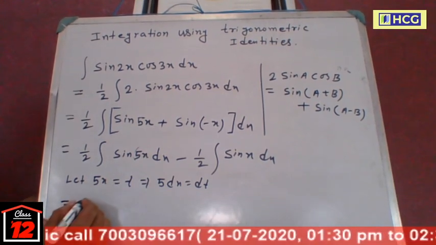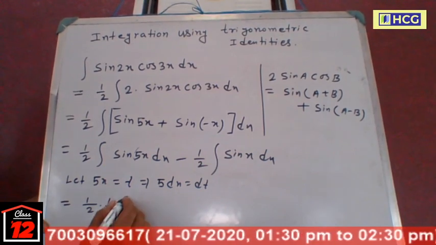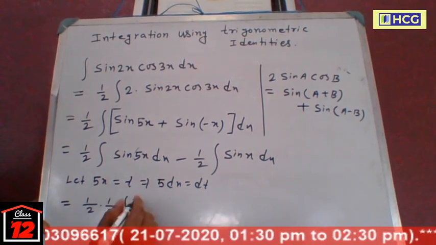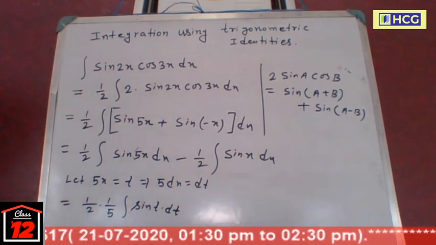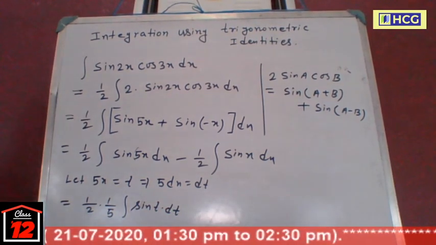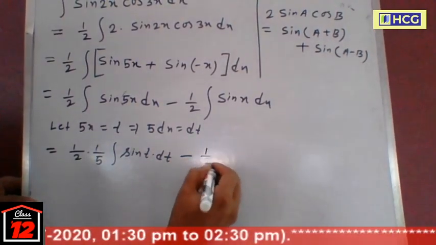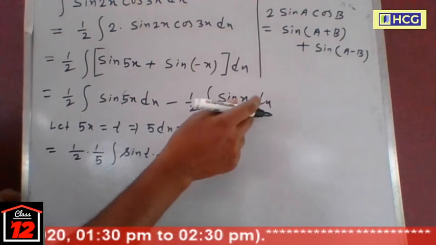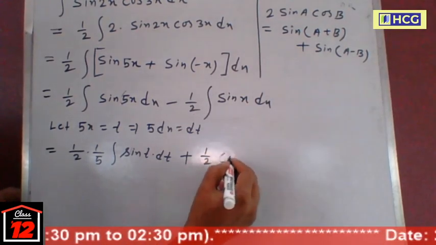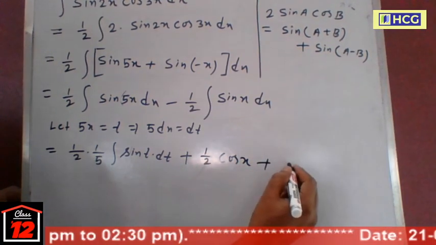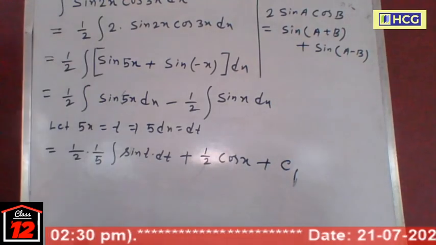So now this is equal to 1 by 2 into 1 by 5 into integration sin t dt, since dx is equal to dt by 5, and minus half, and integration of sin x dx is minus cos x, so minus 1 is a plus half cos x, plus integration constant c1.